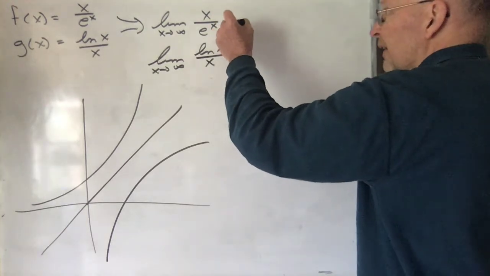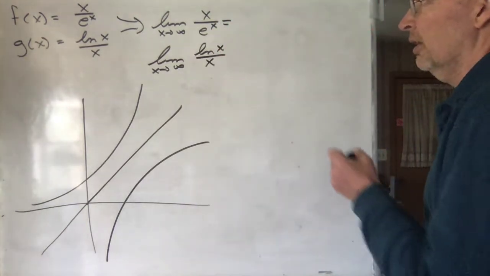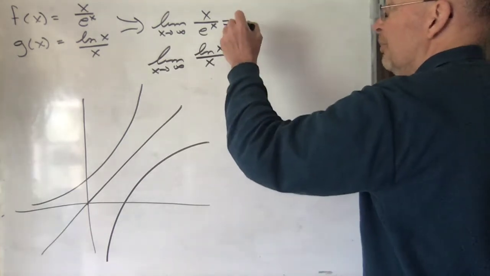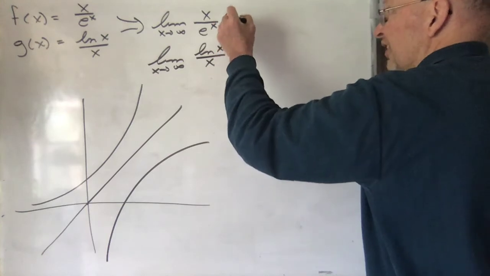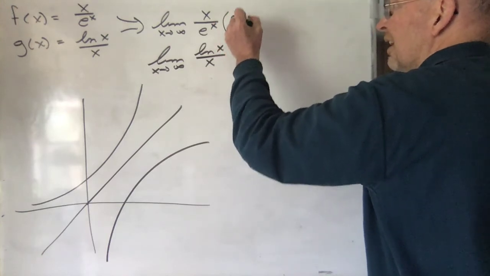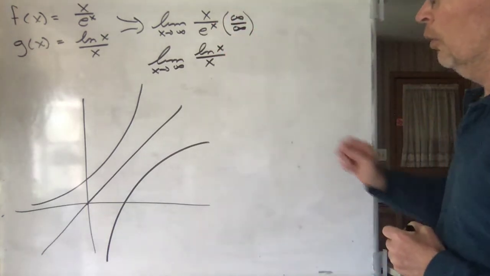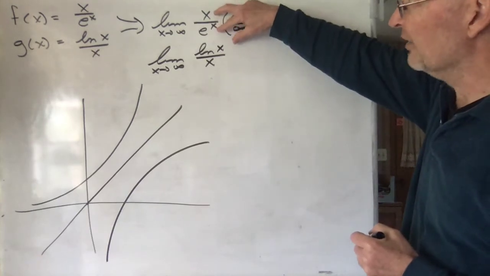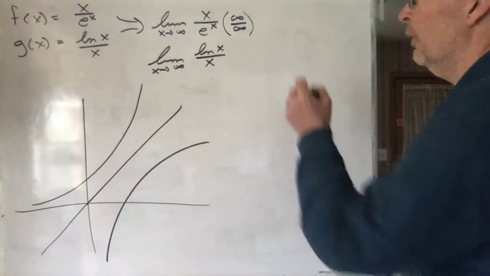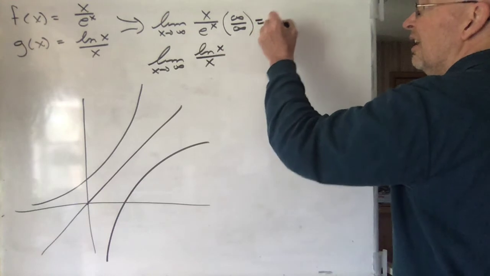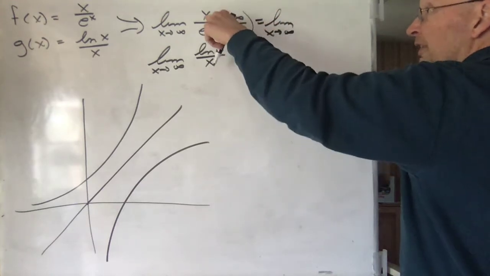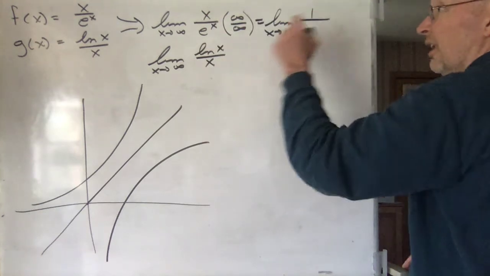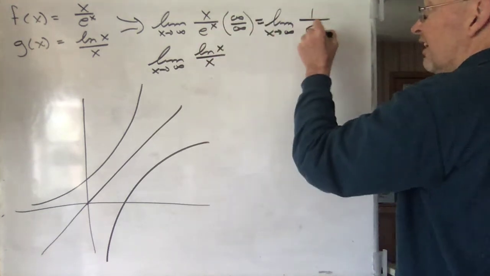I haven't proved it. All I've done is give you a reasonable reason to understand it as being true, to believe it, that as these things go off to infinity, we look at the rate at which they go off to infinity. That is, we look at their derivatives. And again, the derivative of x is 1. The derivative of the bottom is e to the x.